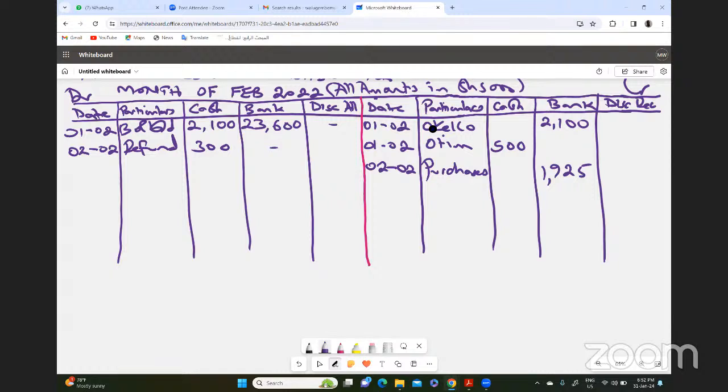I'm putting it in the bank column. Now I have a discount in that transaction, so I have to bring that discount. Isn't it so? And that is 75. Are we together, guys? It's a discount received. It reduced what we actually paid.